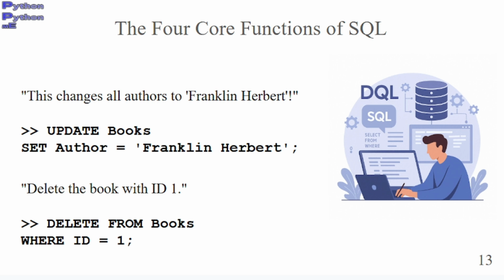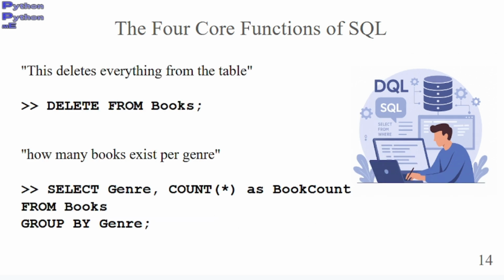So here we will write delete from books where ID equals 1. As before, remember that whenever you write delete, update, or any of these commands, you should always specify the where clause, as without it it would delete all the values present within the table, and that is not something that we want to do.